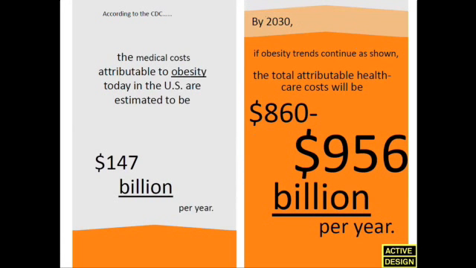By 2030, if the trends continue, projections are that the costs would reach nearly $1 trillion each year to address medical conditions related to obesity. And this is just medical and healthcare costs, so we're not even taking into account productivity costs, like sickness absence for workplaces, etc.